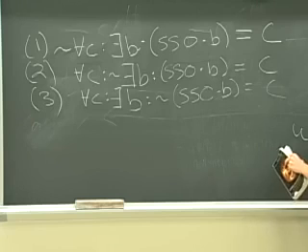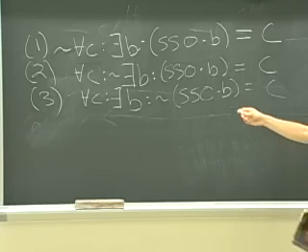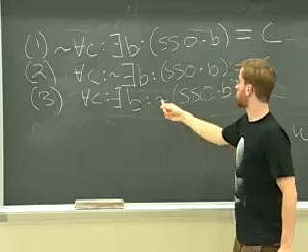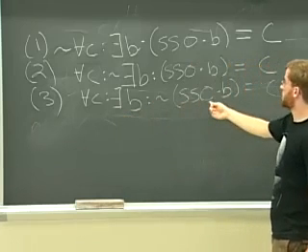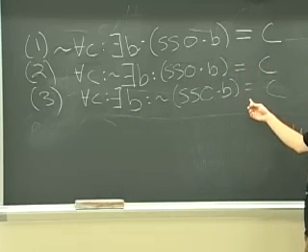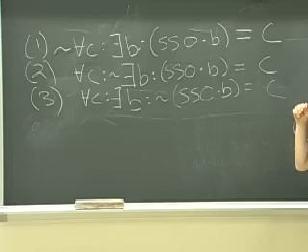False. So say again, for every C there exists a B such that this is such that 2 times B equals C.